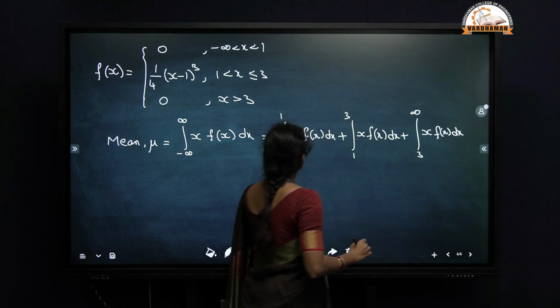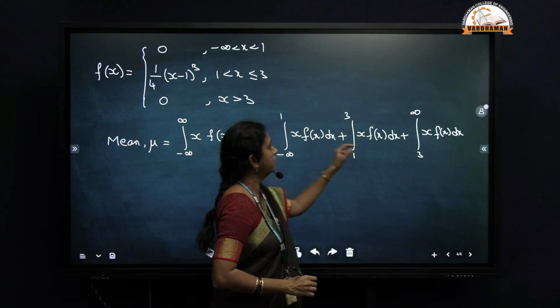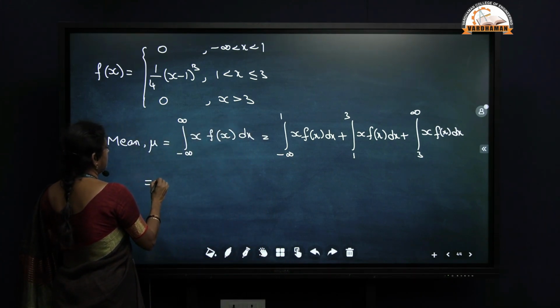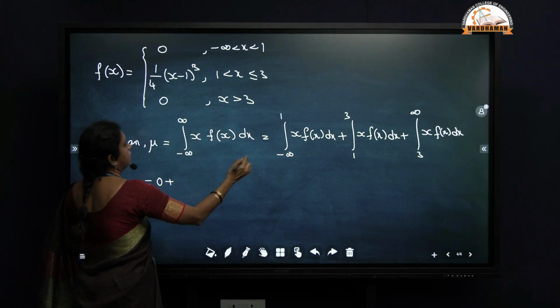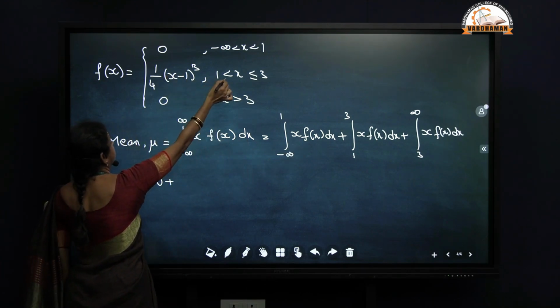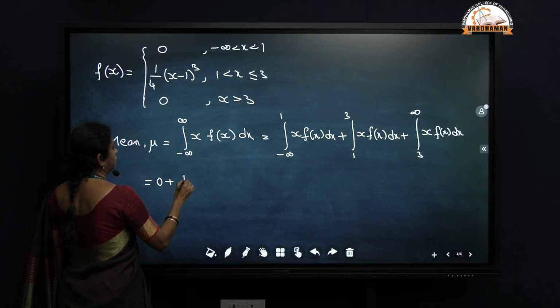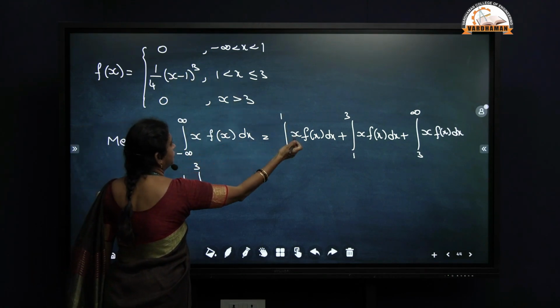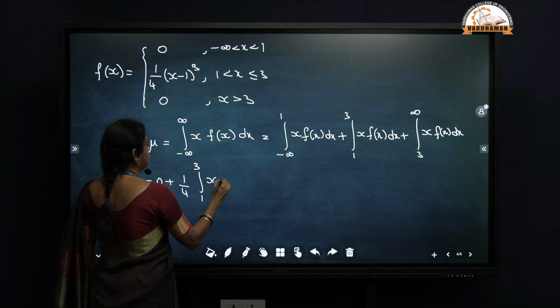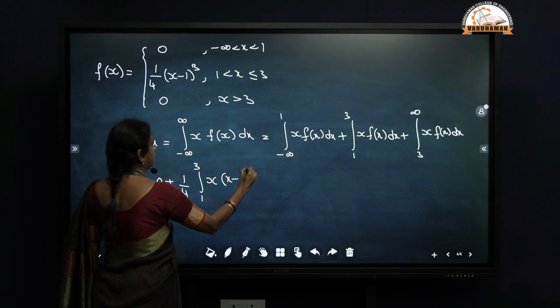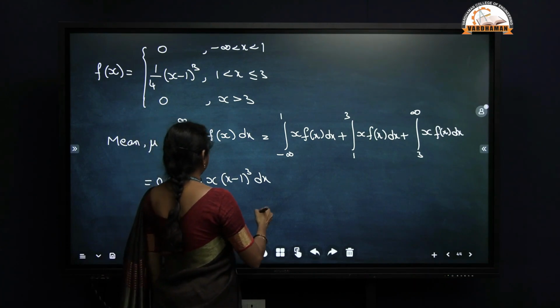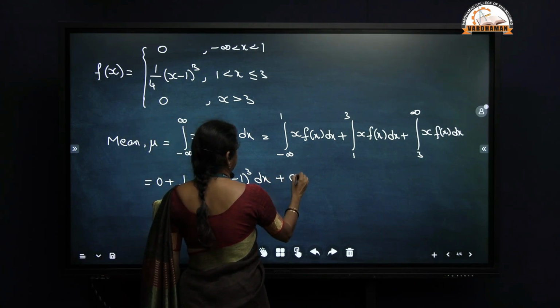And we know between minus infinity and 1 and from 3 to infinity the value is 0. So, this is equal to 0 plus, now I will define the function f(x) in the interval 1 to 3, so 1/4 times the integral from 1 to 3 of x times (x - 1)^3 dx, plus 0.